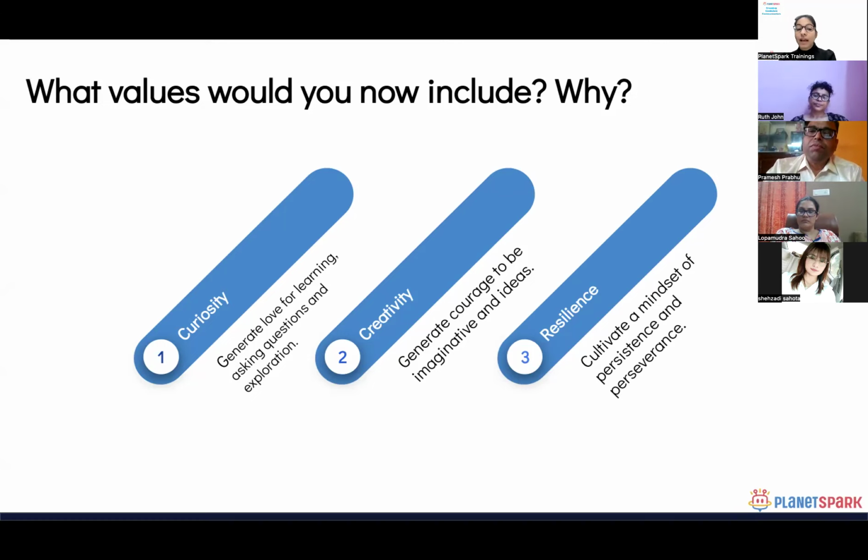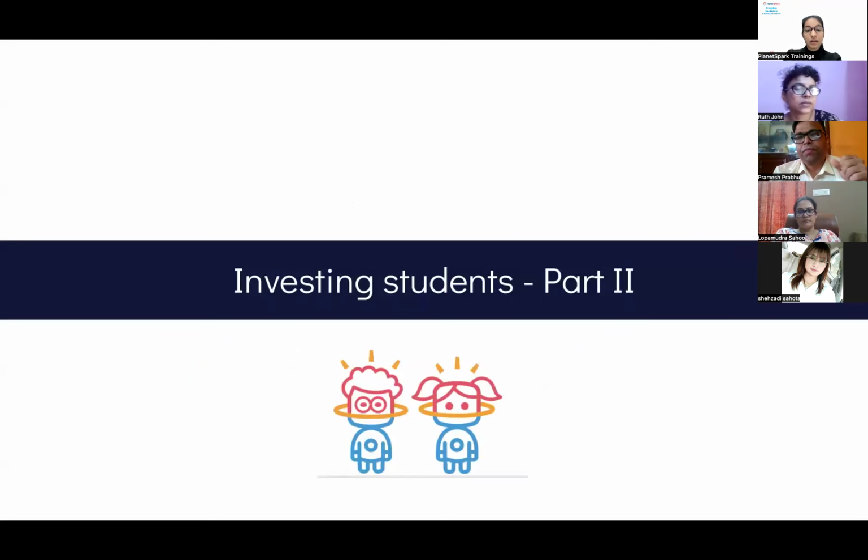I can put down values like: if my students operate with curiosity, creativity, and resilience, they will be able to achieve the vision. So it's like an if-then statement. That's the logic we are using: if my students have A, B, C, they will achieve D. Right? Okay. Can I move forward now?